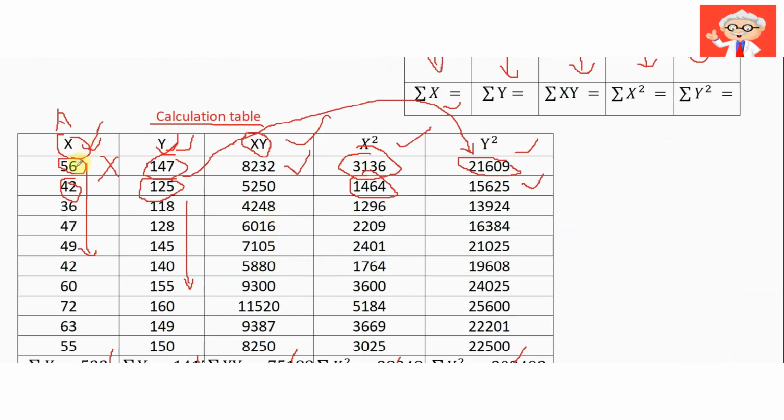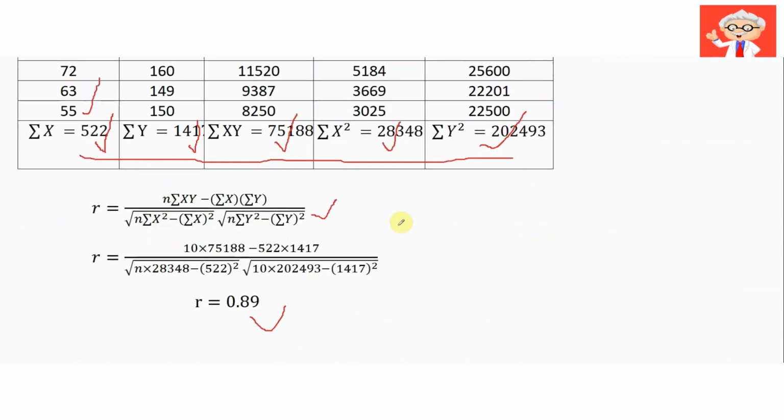If you count from here: 1, 2, 3, 4, 5, 6, 7, 8, 9, and 10. So n equals 10. The summation of xy is 75188, the summation of x is 522, and the summation of y is 1417.